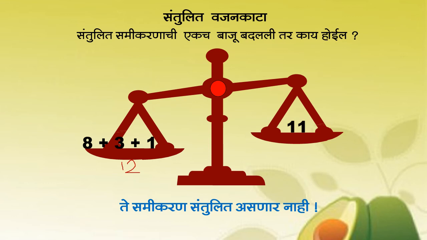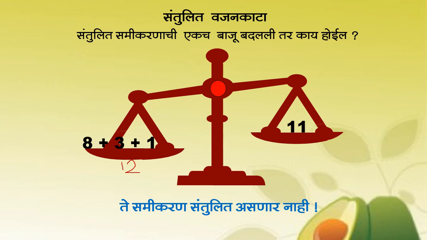And therefore this equation is also not balanced. हे समीकरण संतुलित असणार नाही, राईट? म्हणजेच आपल्याला समीकरणाची एकच बाजू बदलली तर काय होतं बघितलं? वेइंग स्केल, आपला जो तराजू आहे तो एका बाजूला कलंडतो.